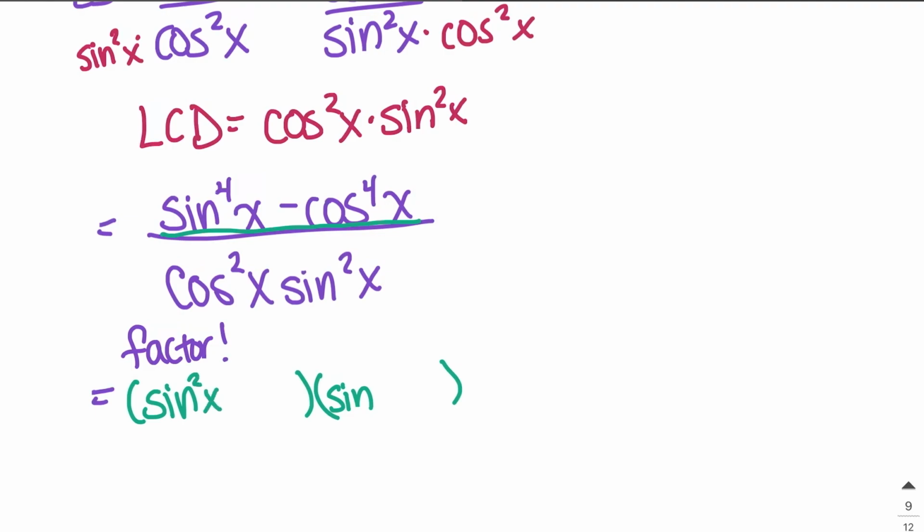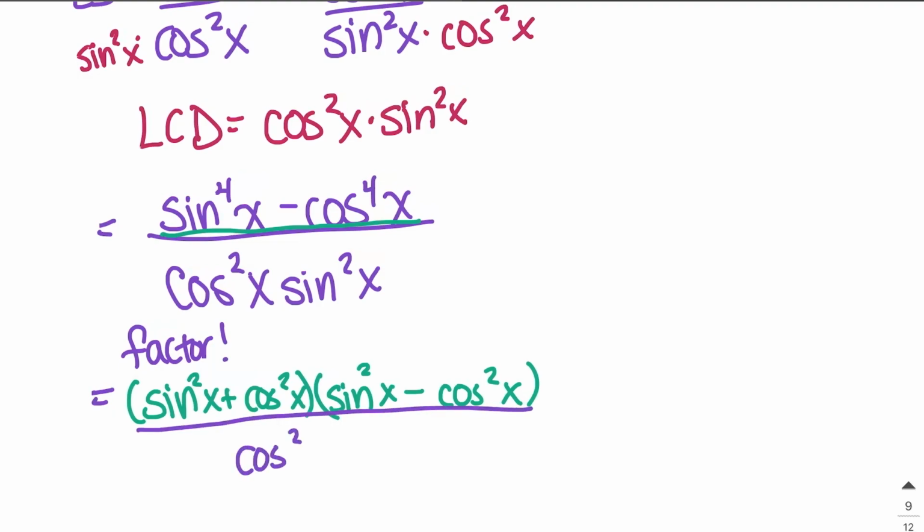And I want sine squared x and sine squared x because that gives me sine to the power of 4. And then I want cosine squared x and cosine squared x because that would give me cosine to the power of 4. And one's a plus and one is a minus. And then I'm just going to copy down this denominator of cosine squared x, sine squared x.